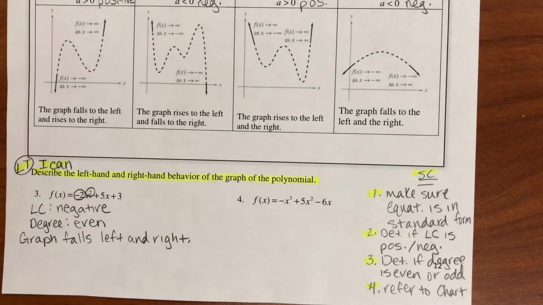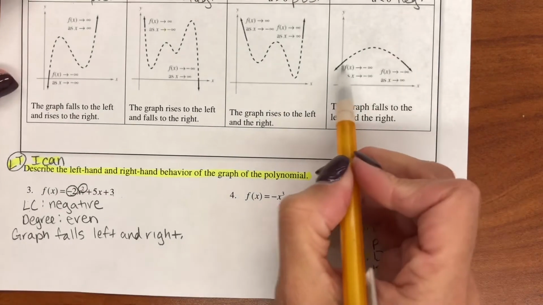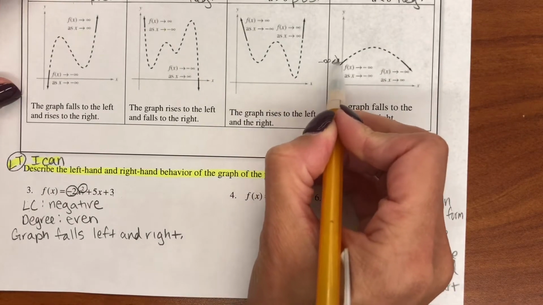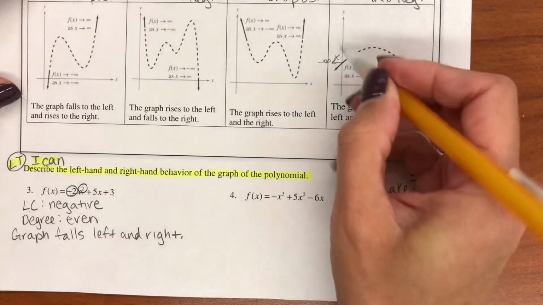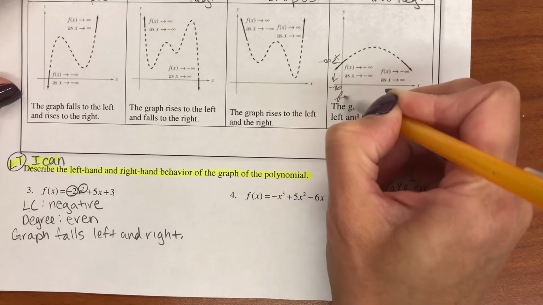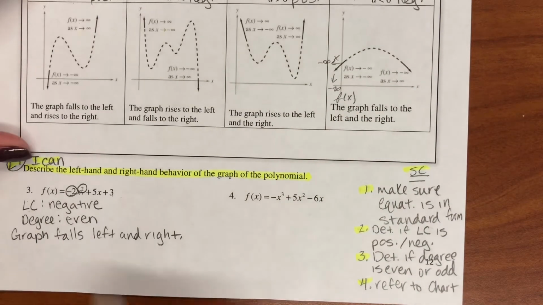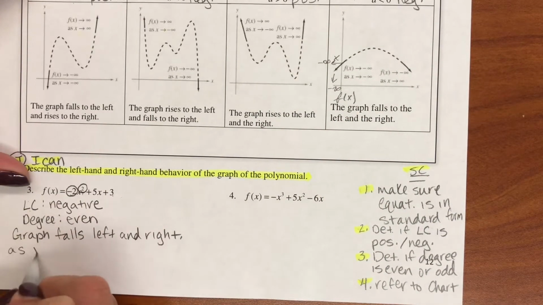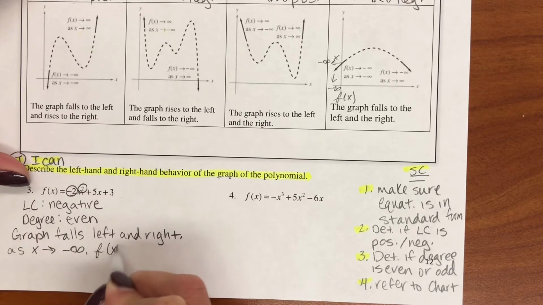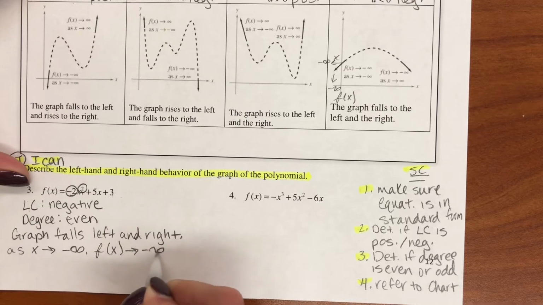So what does that mean in terms of x and f of x? Well, over here, as I approach negative infinity for x, I'm also approaching negative infinity for f of x. So I would say, as x approaches negative infinity, f of x approaches negative infinity.